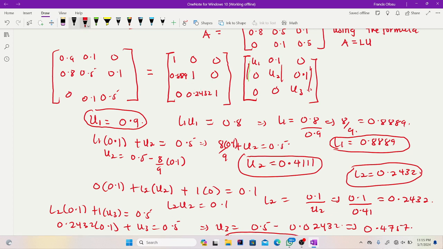Then when I come to the U part, I'll simply have to take this off. So for the U part, what is my U1? I know U1 to be 0.9, right? So I simply clear my U1 and replace it with 0.9.